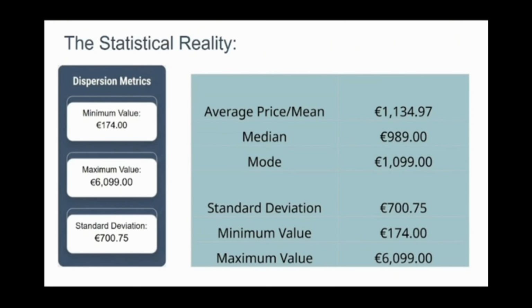The massive gap between our minimum and maximum value, over 5,900, is our first indicator that the market is not uniform. The range suggests that a few high-end premium models are likely influencing the average price, which we will explore further in the next slide.